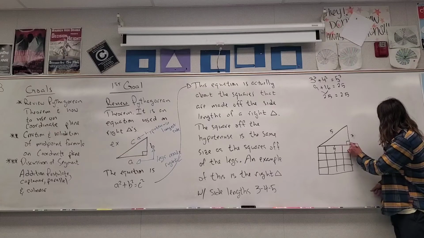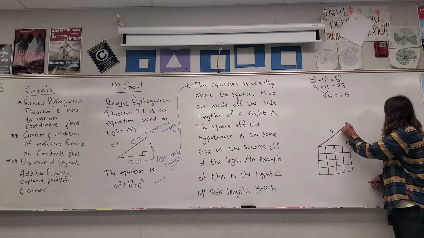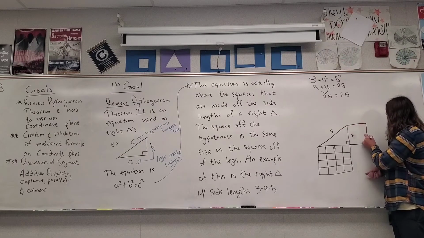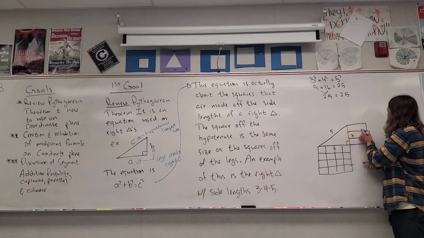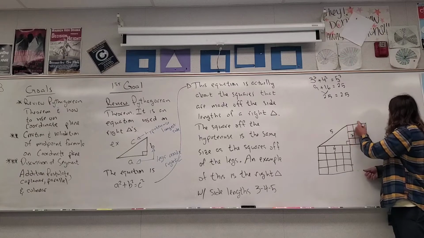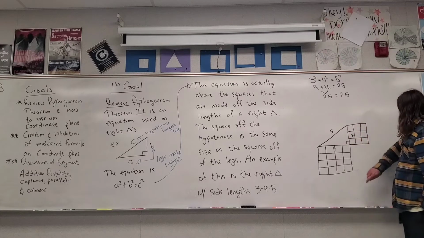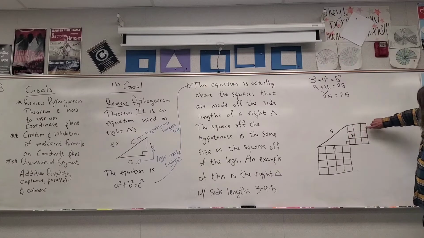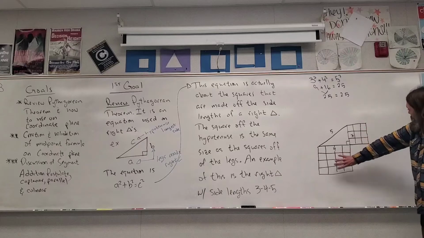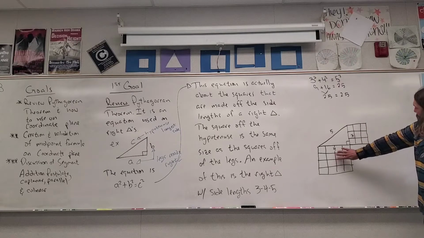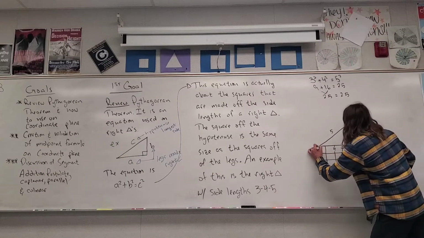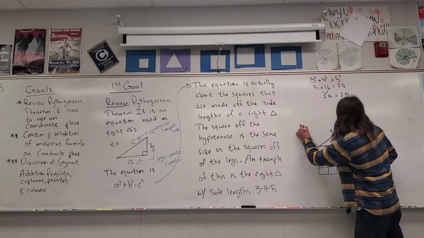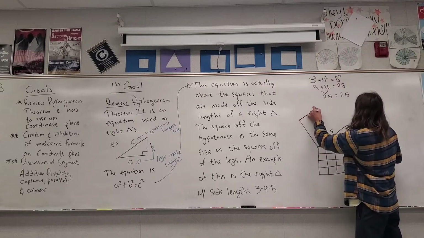If I come off this side length of 3 and make a square with length 3 by 3, see if I can do this one. There we go. And I come down like this. Then the square off of the side length of 3, the 3 by 3 square has 9 little squares. So I have 16 little squares off my side length of 4, 9 little squares off my side length of 3, and off of 5, let's see if I can draw this.